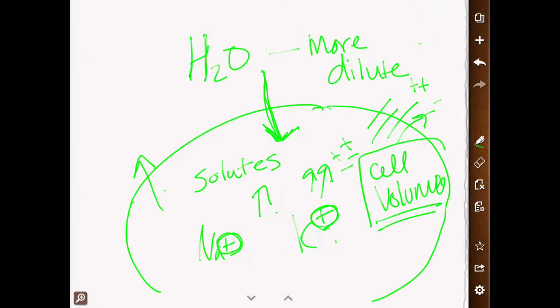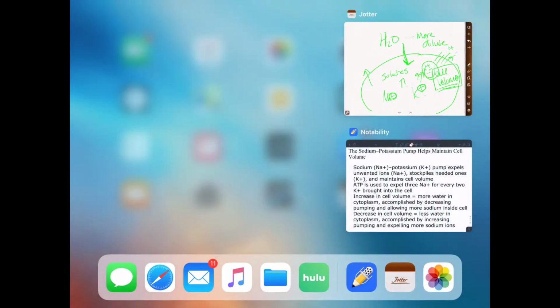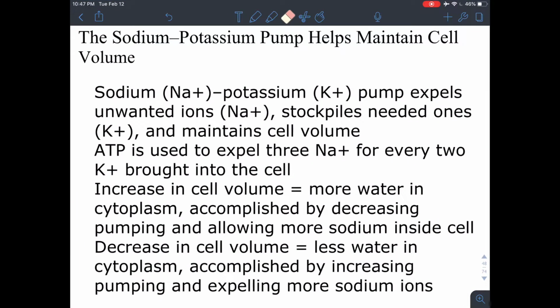These two things, cell volume and charge, are something that we can use. So we have this cellular mechanism called the sodium-potassium pump, which allows us to control those two factors of the cell.